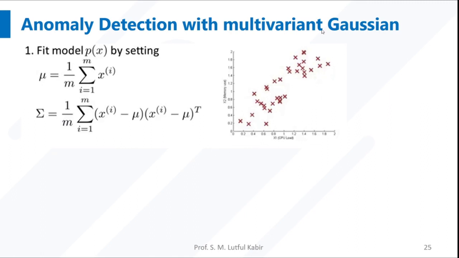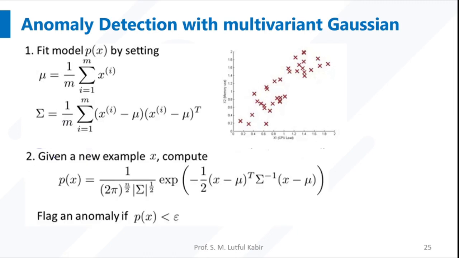This may be the sample data, that is the example data, and then given a new example x, you can calculate p(x) and compare p(x) with an epsilon. If it is less than epsilon, then it is an anomaly. So you don't have to calculate p(x) for each individual variable; rather, a combined p(x) can be calculated from this formula.